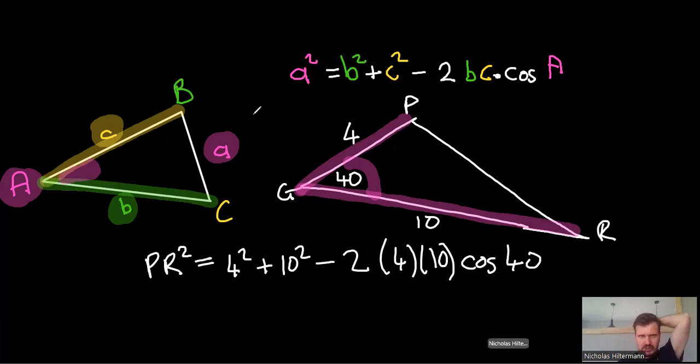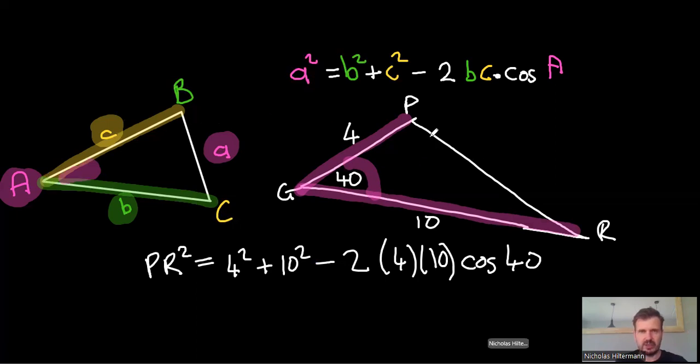When you first do it, if you're not too familiar, you're going to do this, and this is fine. But when you get quicker, you'll go that side squared plus that side squared minus 2, that side, that side, cos of the angle. And then it becomes so easy.